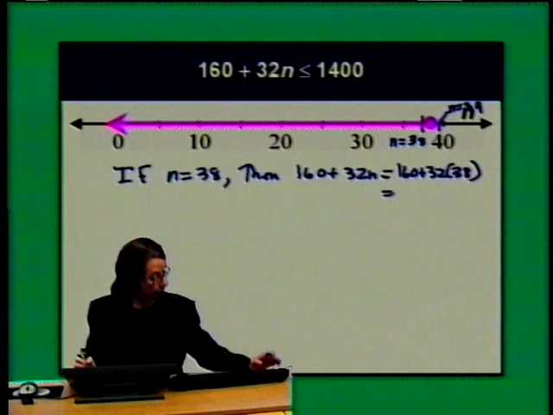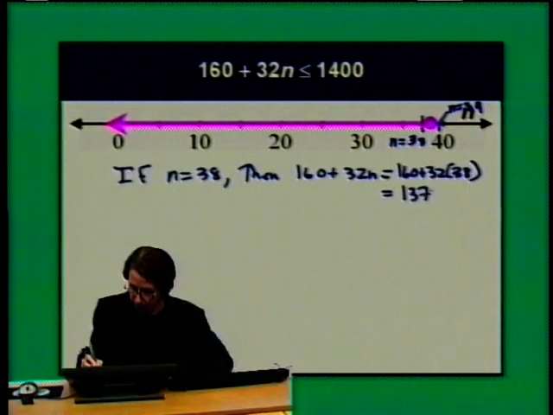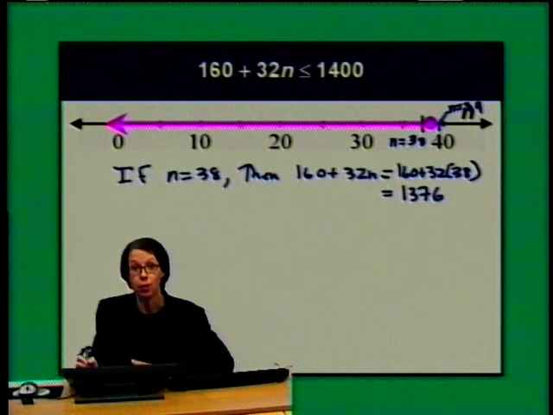And pulling out my calculator, 160 plus 32 times 38, that equals 1,376. So clearly, n equals 38 is in my proposed solution set.